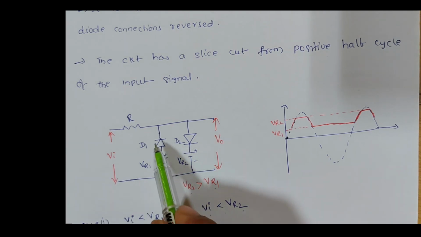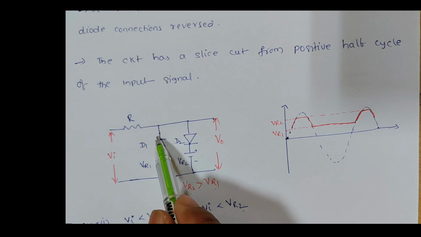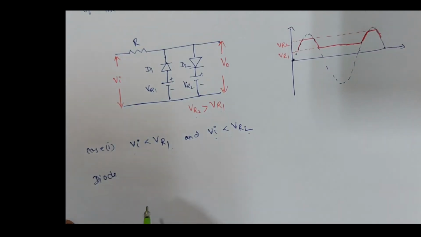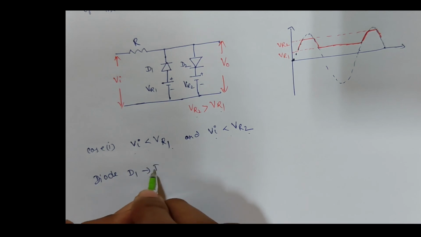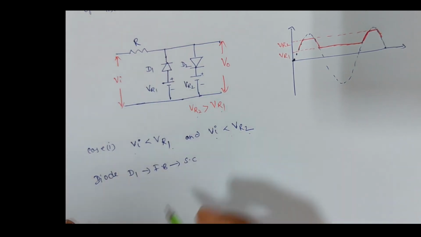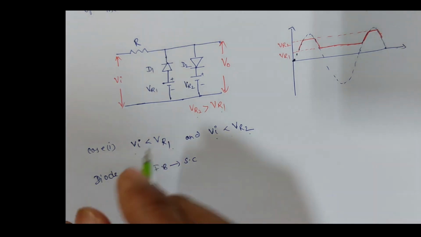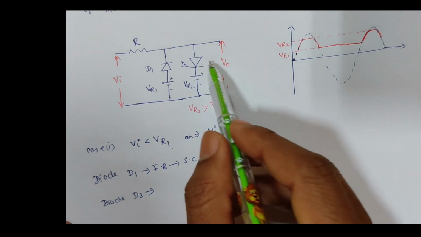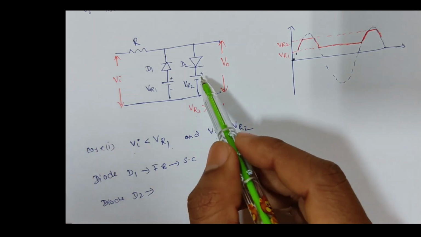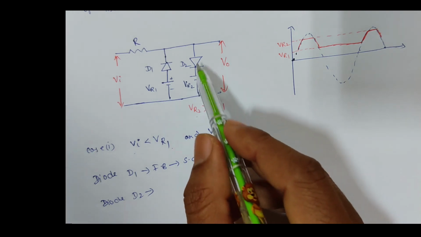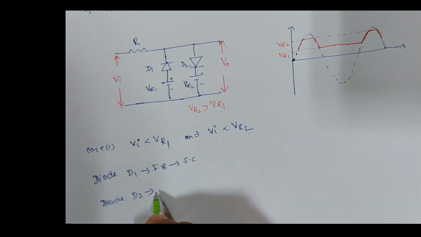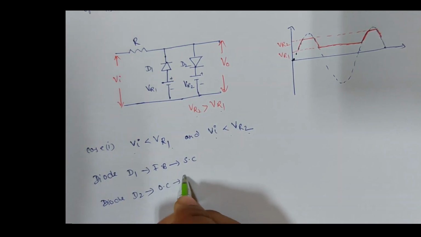Then the diode cathode potential is small compared to the anode potential, so diode D1 is forward biased. It is acting as short circuited. And diode D2, here Vi is less than VR2, so the cathode potential is more compared to the diode anode potential. So it is open circuited, or reverse biased.